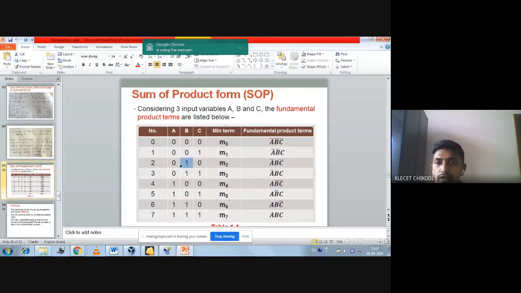Since B is equal to 1, we are taking the variable as it is. And C is 0 here, that's why we are taking the term variable C bar. So like that, we have to write the fundamental product terms for all the input combinations of 3 input variables.